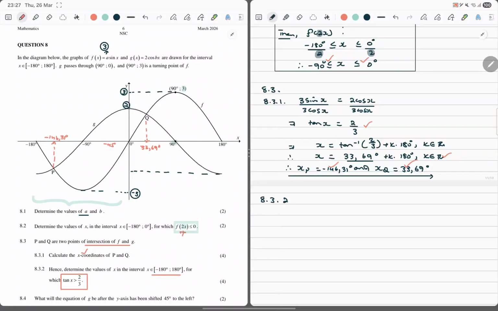So we know that essentially the value of tan being 33.69, this is when tan of this angle is 2/3. So it is here and there. So tan of x is going to be 2/3 at those points.